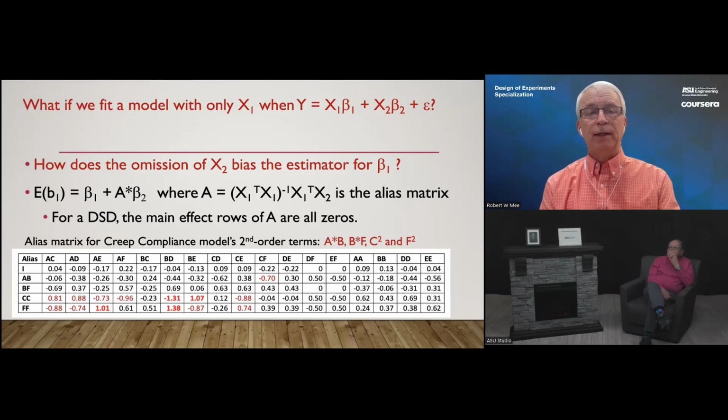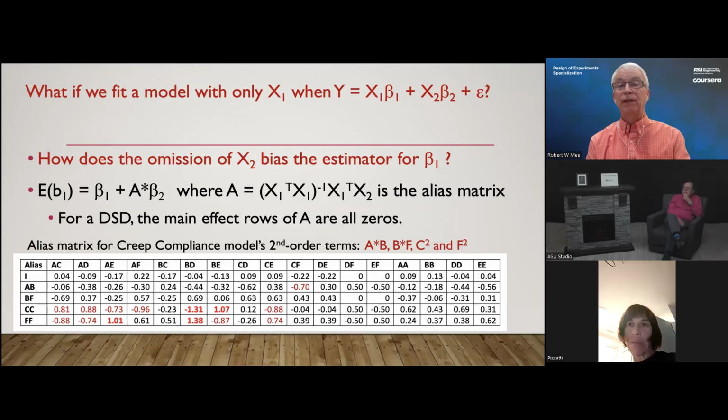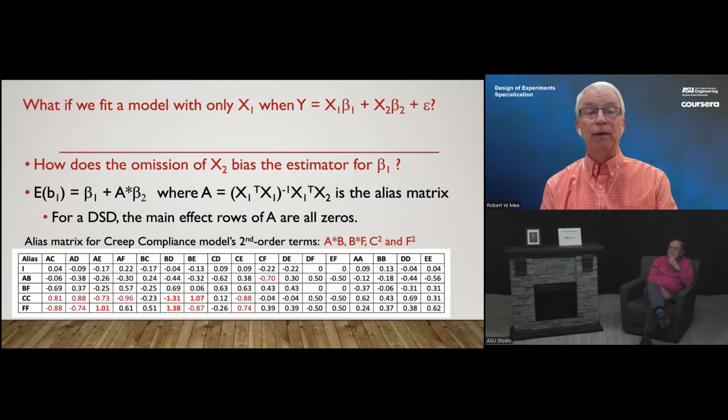So I'm showing this matrix A and am alarmed when coefficients are as large as 1 or even greater than 1. So this says, what is the potential bias to C squared? Well, you can see that those first 4 interactions involving A would produce substantial bias to C squared.